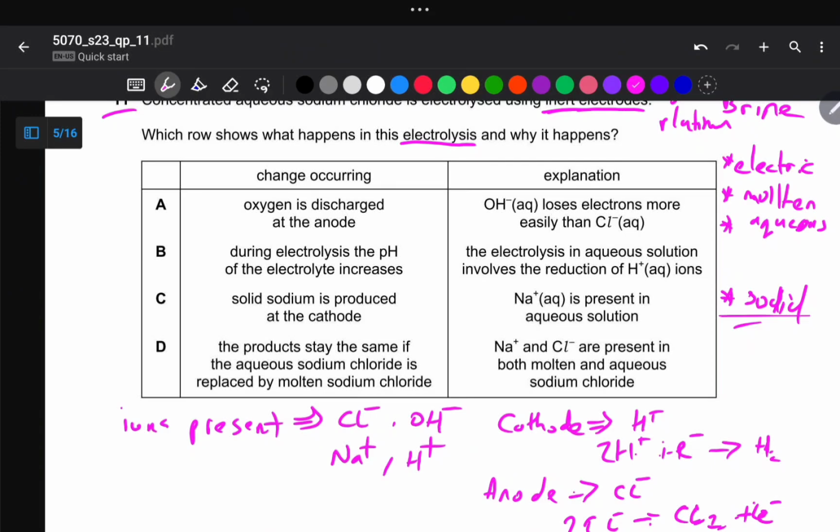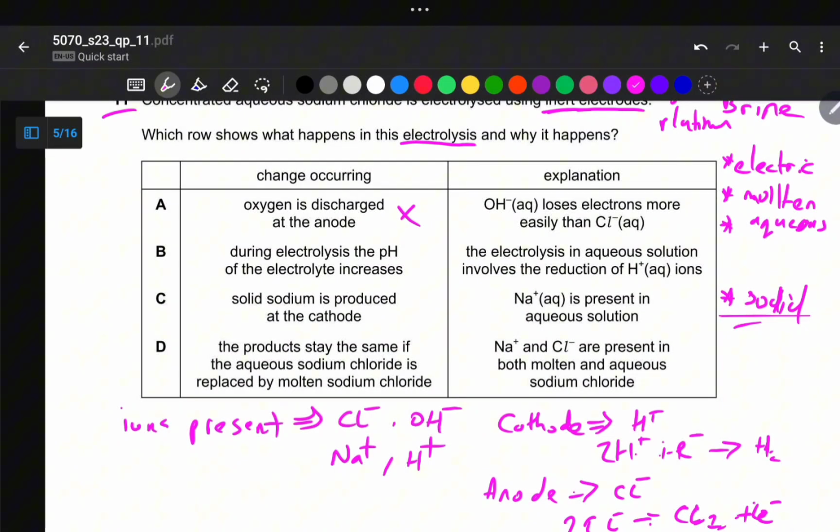Option A: oxygen is discharged at the anode. So we go to the anode, and this becomes false. We have chlorine. So we don't care about the explanation why, because it is false. Option B: during electrolysis, the pH of the electrolyte increases. The explanation is that electrolysis in the aqueous solution involves reduction of hydrogen ions.